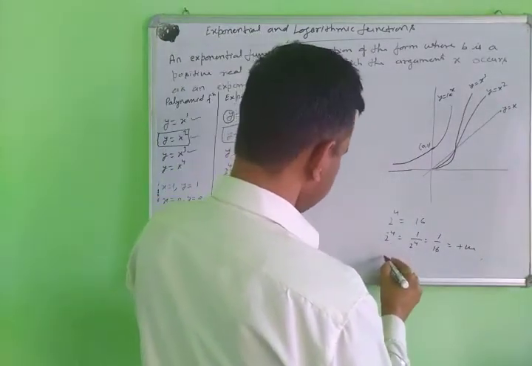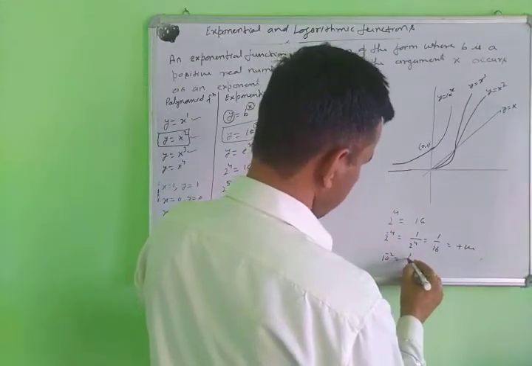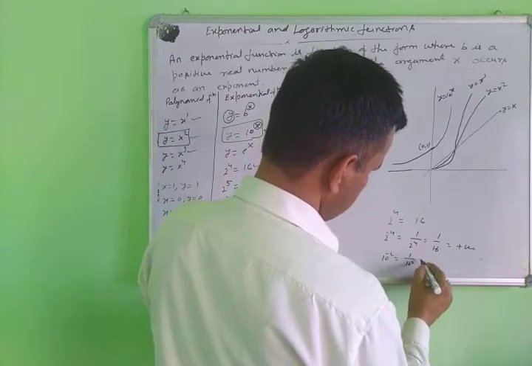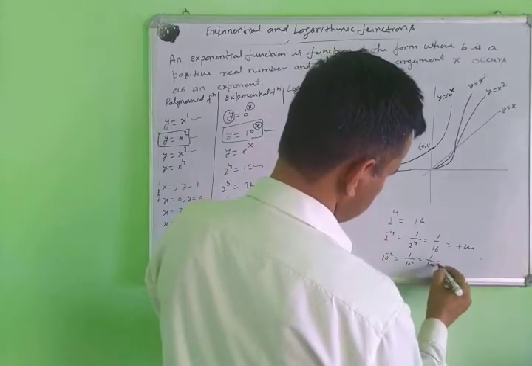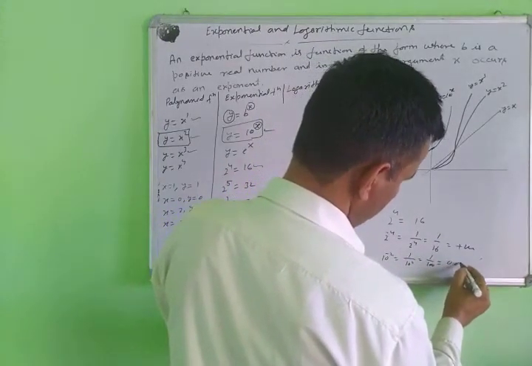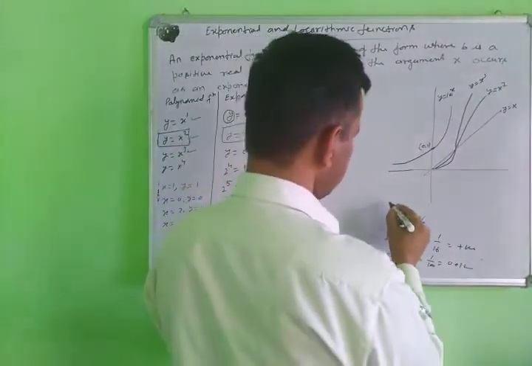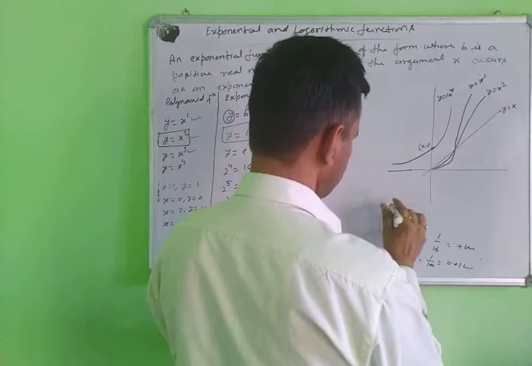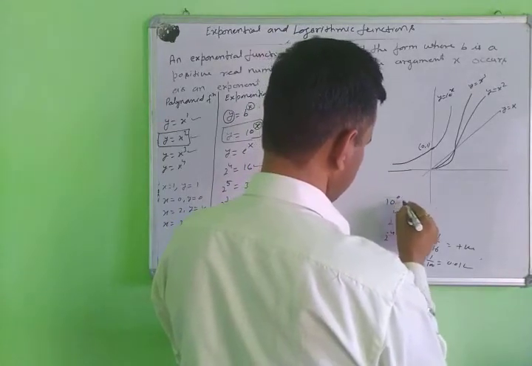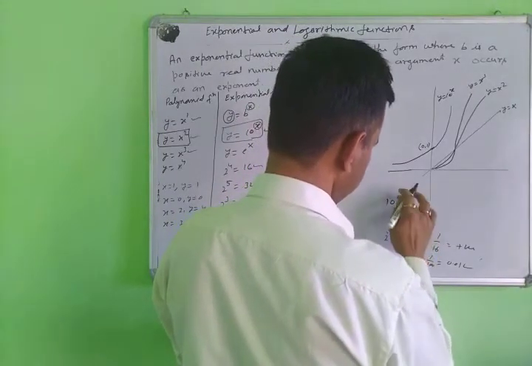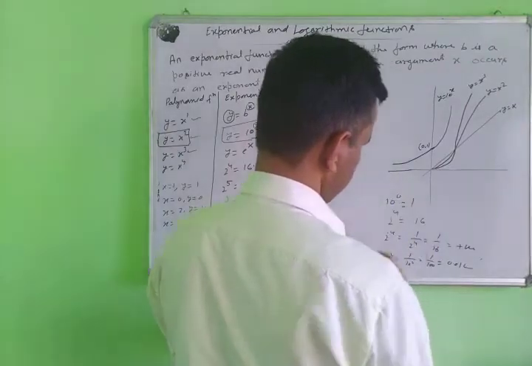Suppose we are using 10 exponent minus 2, then 1 upon 10 exponent 2, this is 1 upon 100. This will be 0.01. This also comes positive. Suppose we are using here 10 exponent 0, then the value comes as 1.